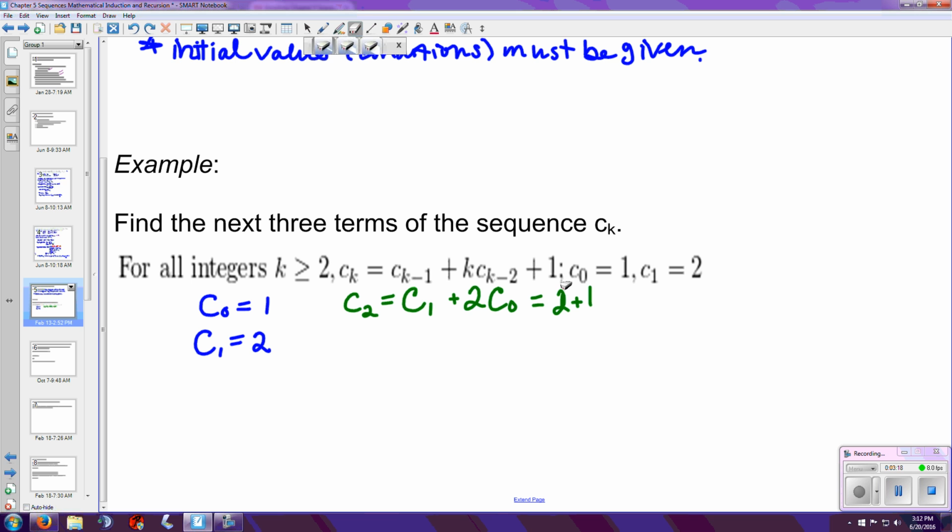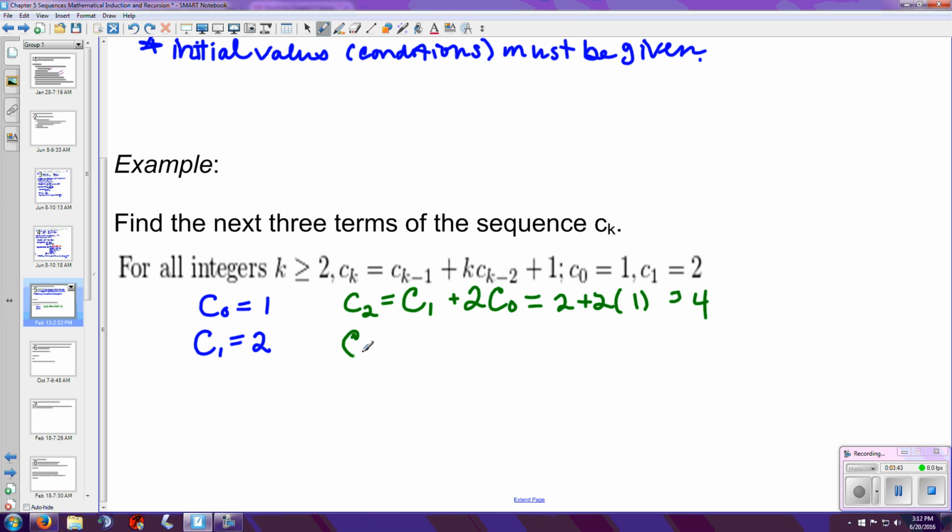So by plugging in here, we get C1, which is 2, plus 2, in this case because it is C2, so it's 2 times C0, which is 1. Let's see, that is 2 plus 2, which is 4. So we've just found that C2 is equal to 4.